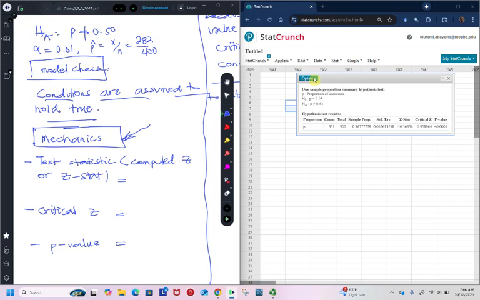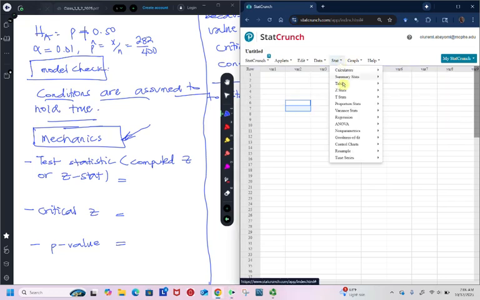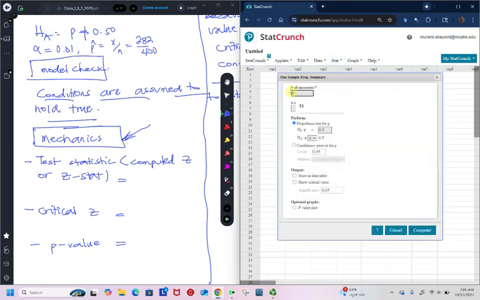I'm simply going to close out of this, go to Stat, go to Proportion Stats, One Sample, With Summary. And we're going to key in the parameters here, which is 282 out of 400. And our assumed proportion is 0.50. That is the same as 0.5.